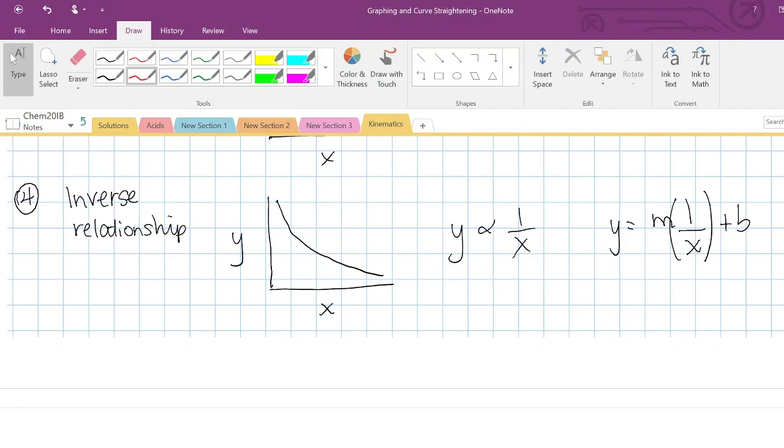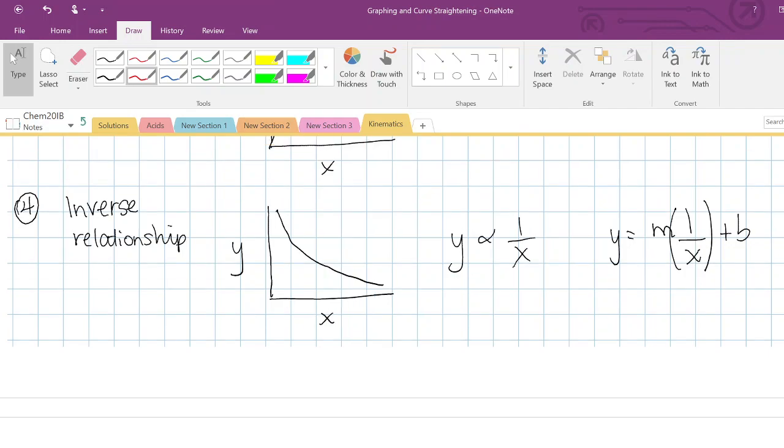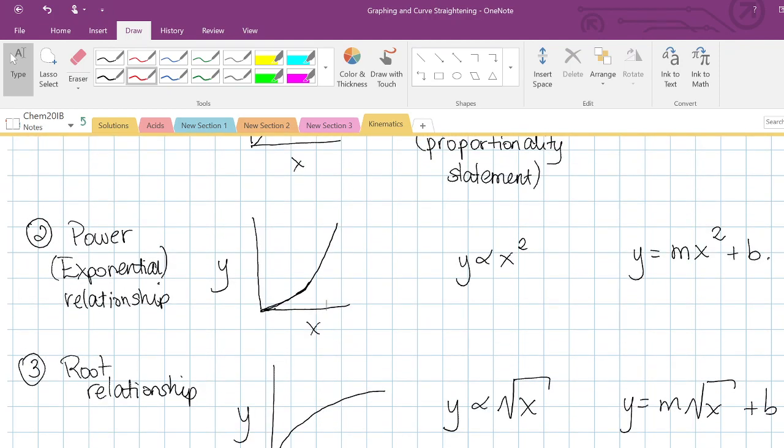Okay. Now, where this is going to become important for us is that we're going to do a lot of work in terms of curve straightening. And so when we have data like this that gives us a curved trend, what we need to do is manipulate the variables that we've collected for our manipulated variable, our x-axis, in terms of what our proportionality statement is telling us this data is doing.